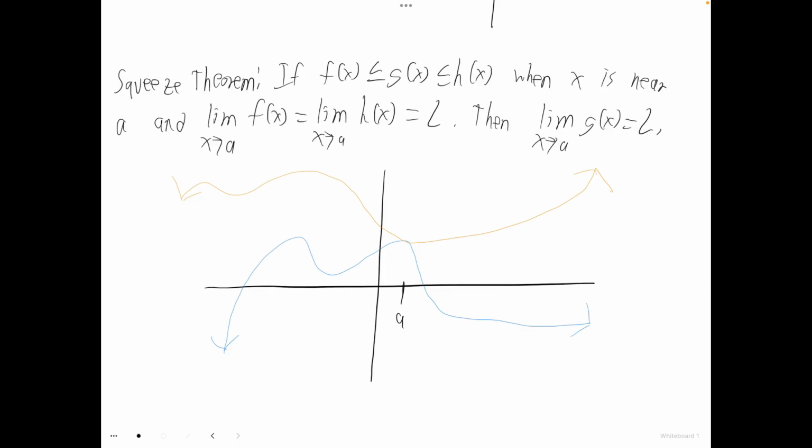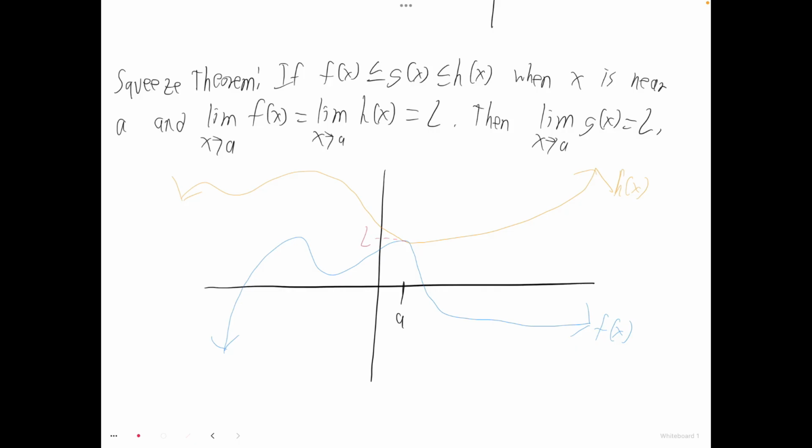And so in the graph, notice that this is h of x, this is f of x. In the limit, as we go towards the point a, these two functions have the same value. And so this value right here is L. But now what's happening is g of x is between these two.